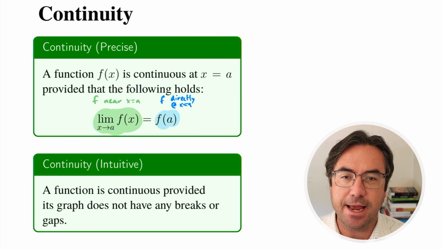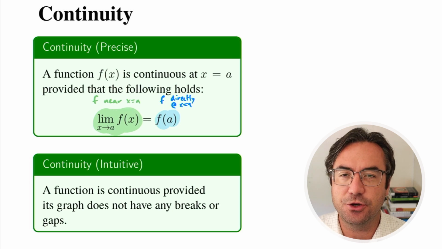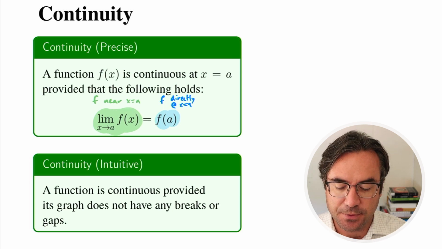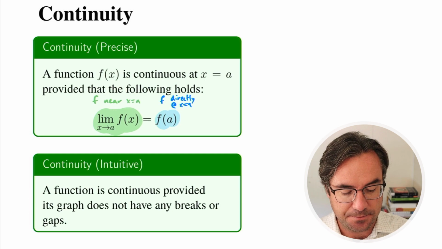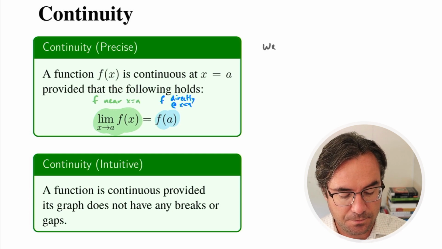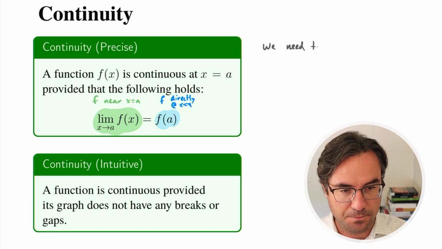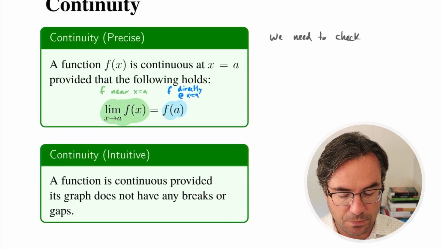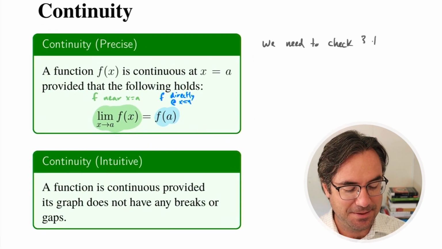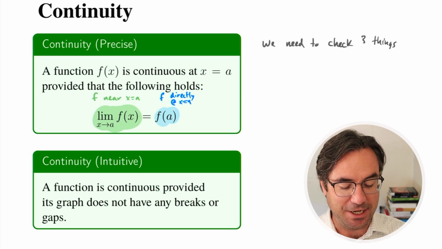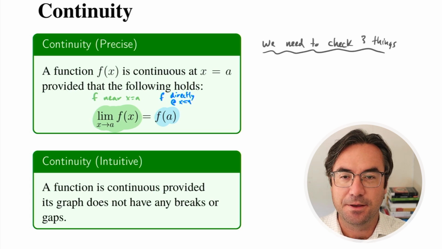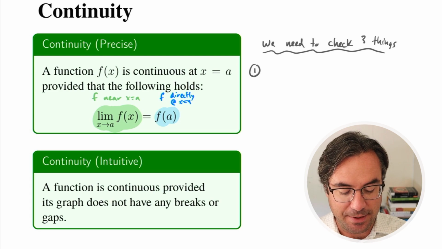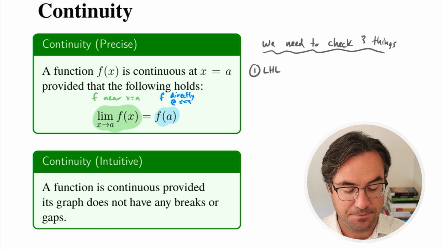When we check for continuity using this limit definition, there's three things we need to check. We're going to calculate the left-hand limit of our function, so as x approaches a from the left.